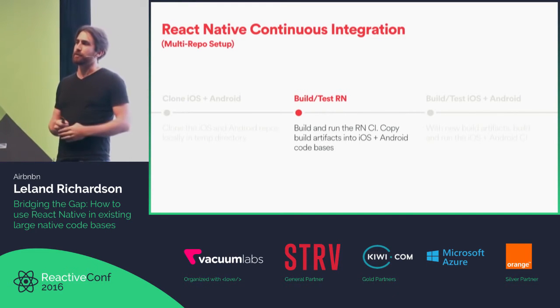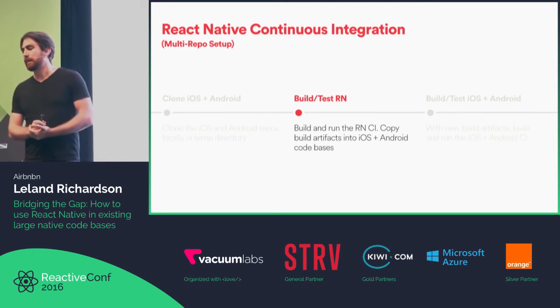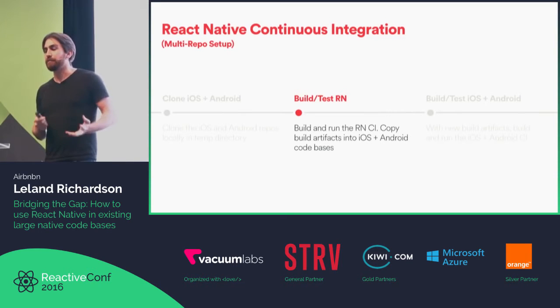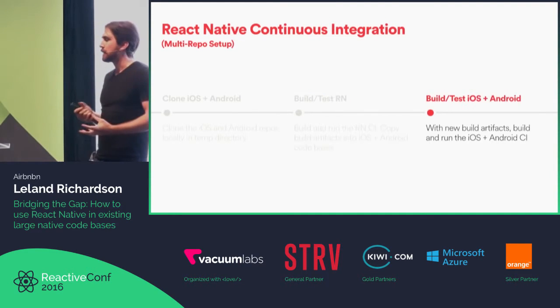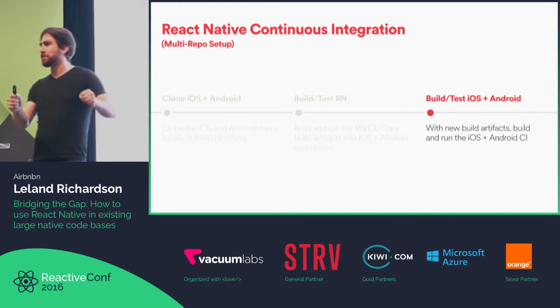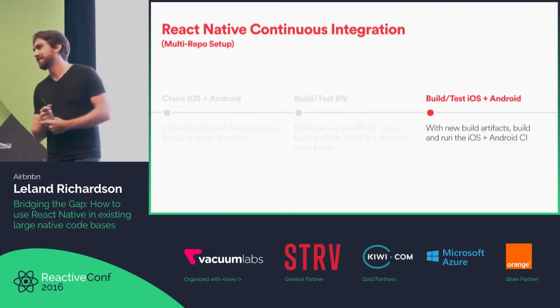And if we have any sort of JavaScript unit tests or anything like that, we'll go ahead and run those, maybe some linting. And at that point, if everything looks good, we have a new JavaScript bundle that we can use. And we're going to shove that into the iOS and Android repos that we cloned locally, and we're going to run all of those tests.